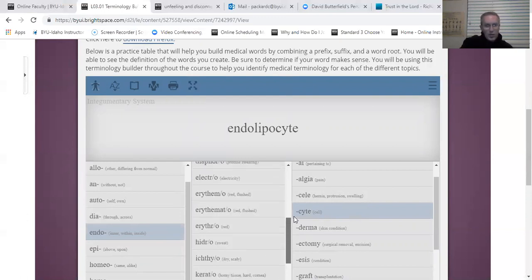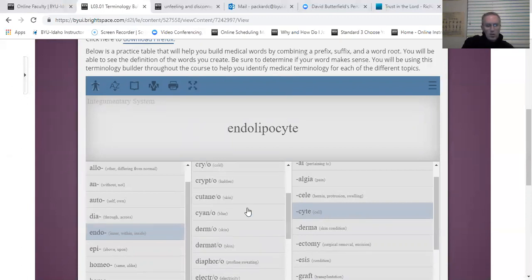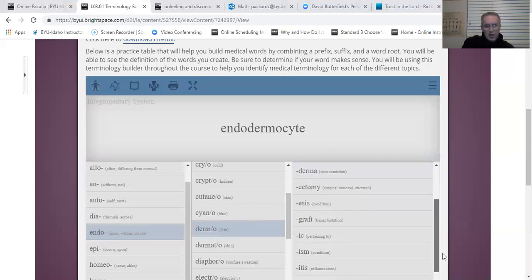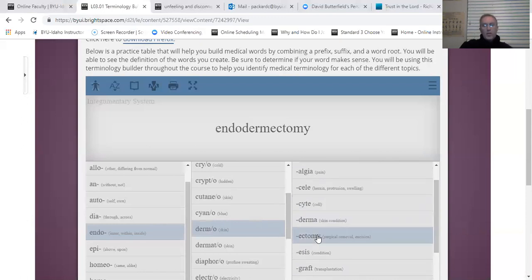This is a hard one. Let's try endo. Dermo. There we go. Endodermectomy. Okay, when you see the suffix ectomy, it usually means a surgical procedure. It means surgical removal of something. So if we were to create this word, it would be the surgical removal of an underlayer of skin.